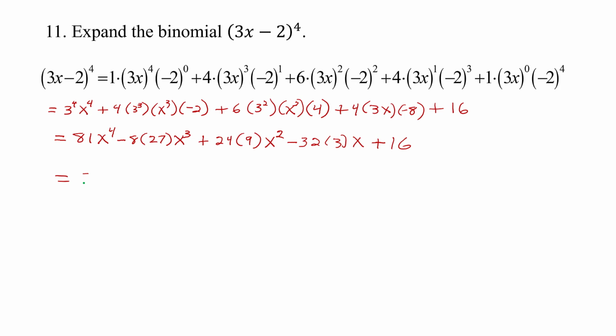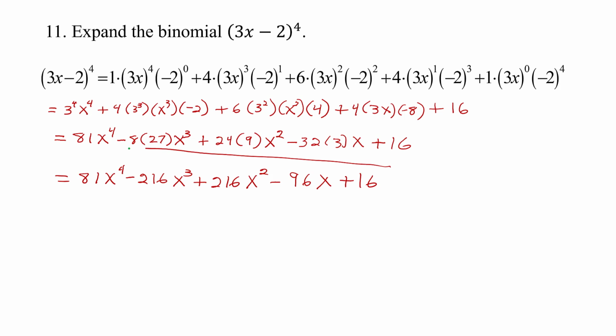So we have 81 x to the 4th minus 8 times 27, which would be 216. Oops. x cubed, and then we have plus 24 times 9 is also 216 x squared, and then we have minus 32 times 3 minus 96x plus 16.